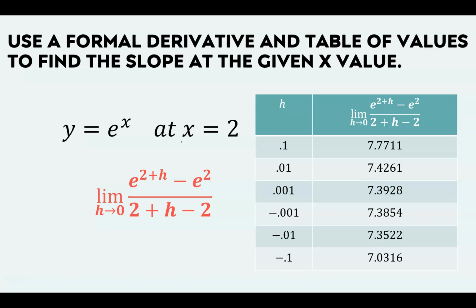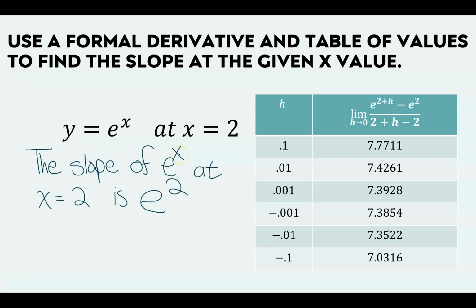And again, as h goes to 0, these slopes, I'm pretty confident on 7.3, but I don't know if that's 7.38 or 7.39, maybe 38 something. And then a lot of people have a guess, well, heck, maybe that's e squared. And e squared is 7.389056, and it turns out that yes, the slope of e to the x at x equals 2 is e squared.